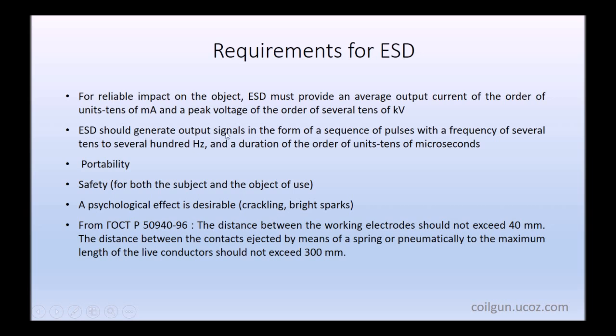ESDs should generate output signals in the form of pulses, with a frequency of several tens to several hundred Hertz, and duration on the order of units or tens of microseconds. Also, it must be portable, safe for both the subject and object of application. Otherwise, we should go to jail.